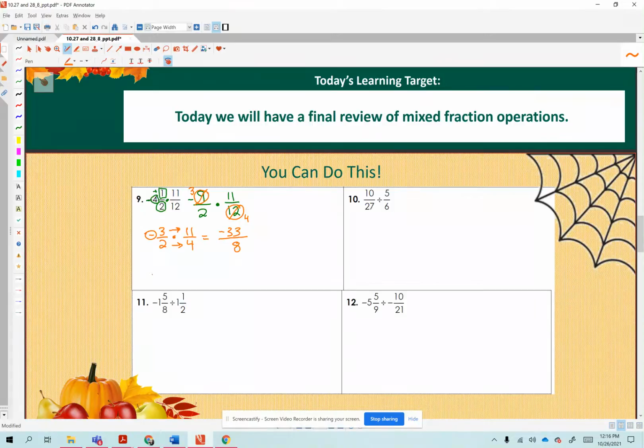So I'm going to go ahead and take the 8 and divide it into 33. Now I know that 8 times 4 is 32, which leaves me with 1/8 left over. This is a negative number, so that's negative 4 and 1/8, and that is our final answer. Good job.